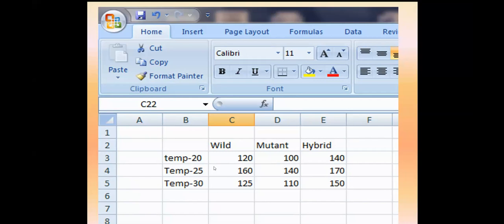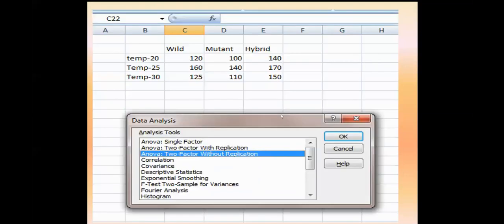So two parameters we are going to consider. Temperature is shown in rows, whereas the types of flies are in columns. We will go to data analysis. Again, we will go to data. On the upper side, you can see when we click on data, then data analysis will come. And when we click that data analysis, this box will appear.